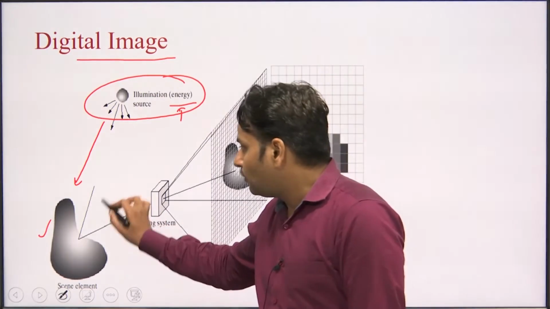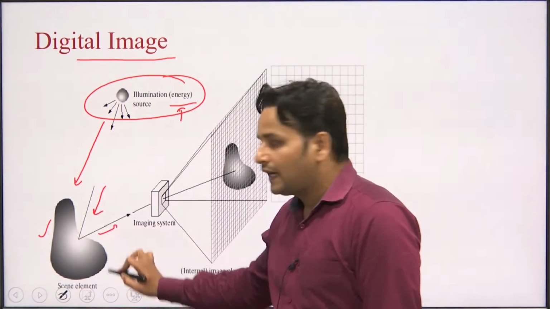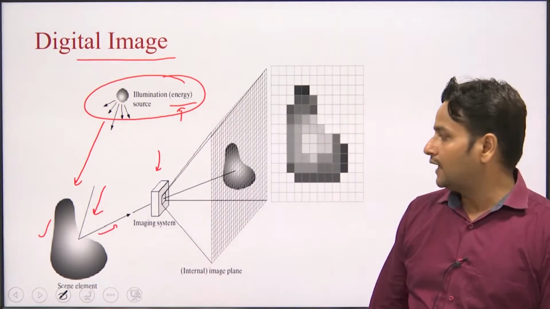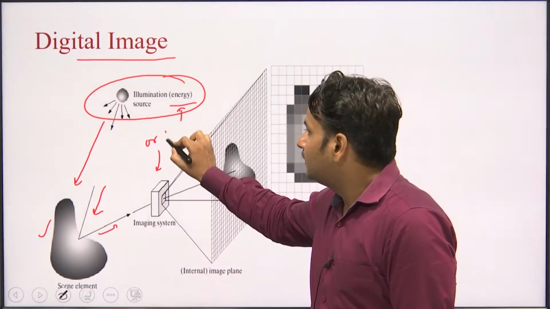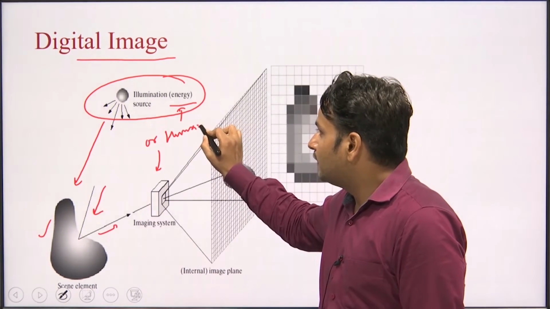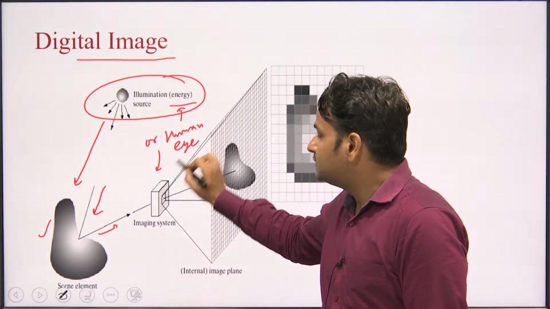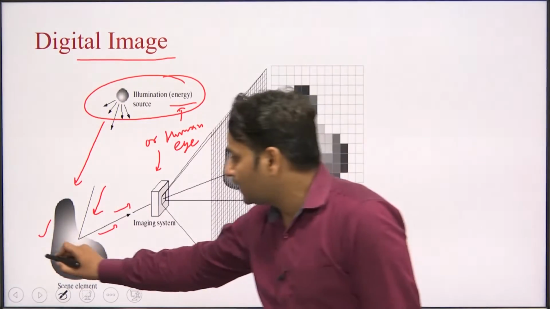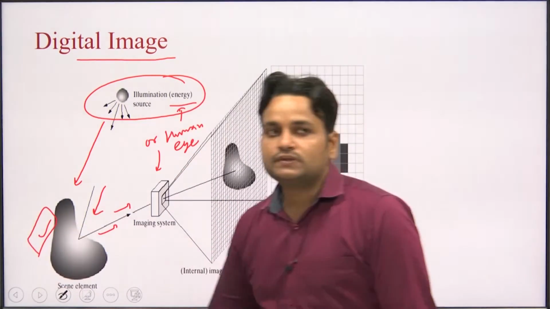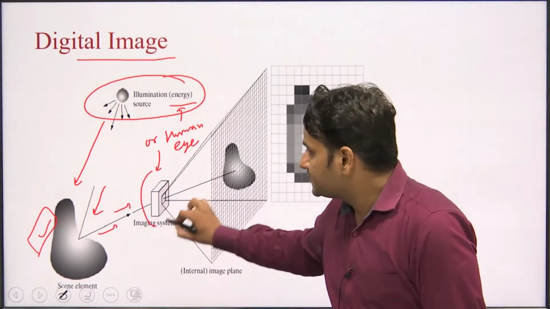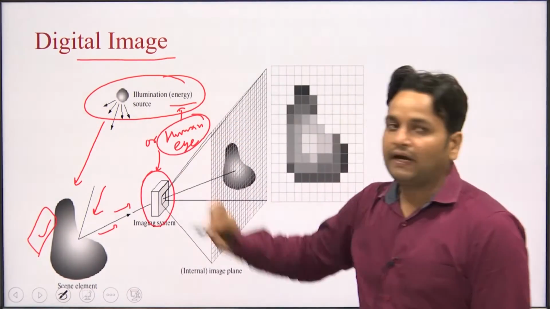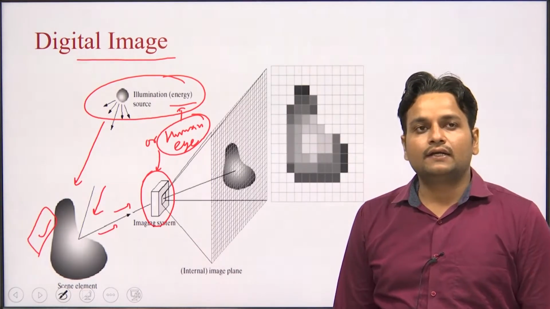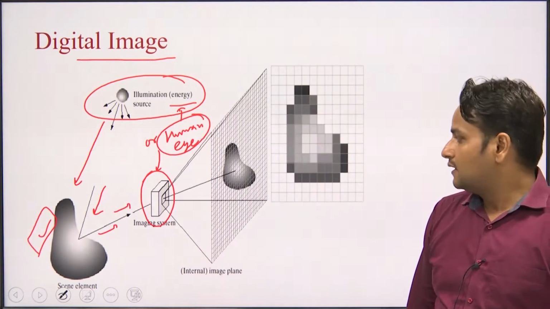That light is then reflected back, and using the imaging system, or you can say the human eye, the reflected light is observed, and the object is able to be seen by the system or your brain. That is the process by which you can identify a single image.